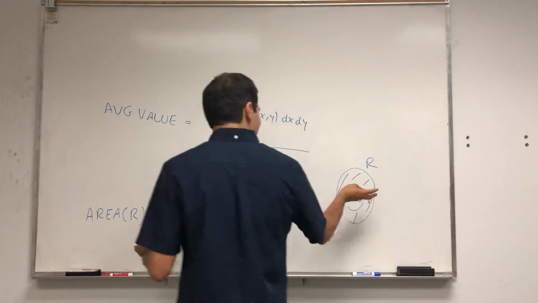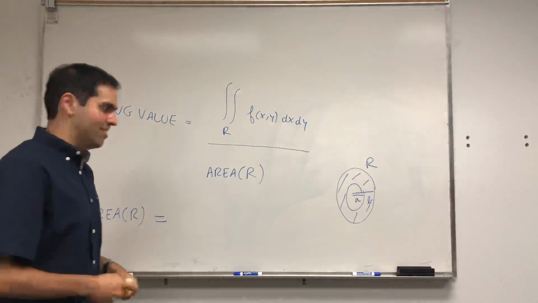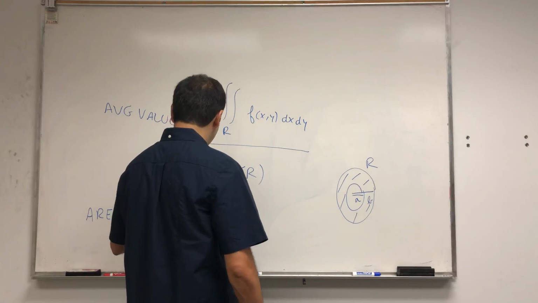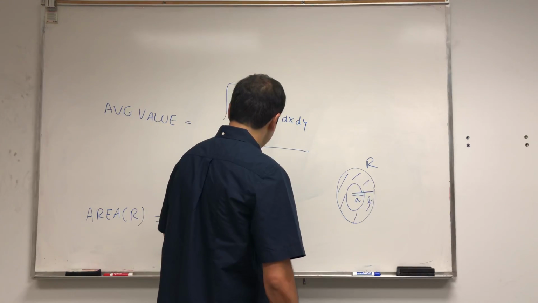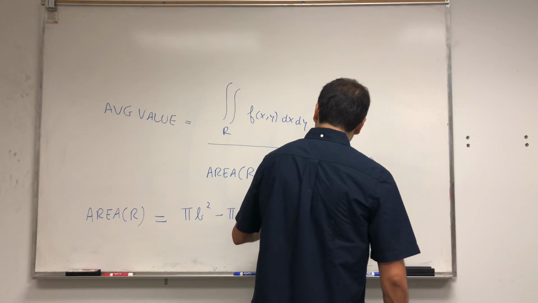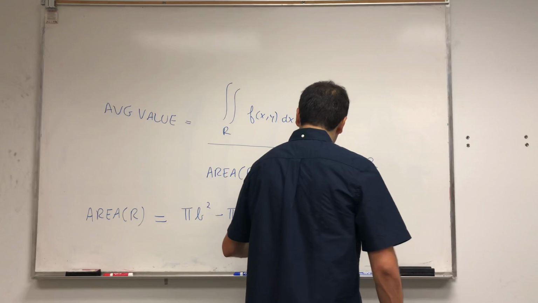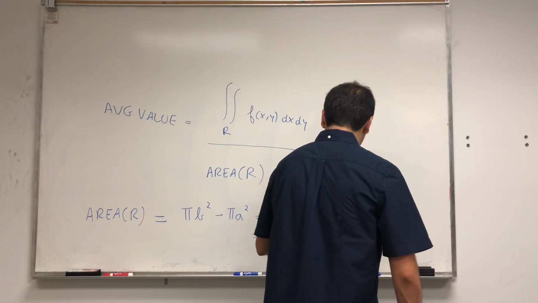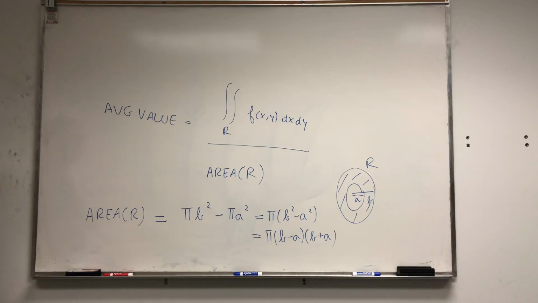Because the ring is the region between two disks, the area is the difference of the areas of the circles, which becomes pi b squared minus pi a squared, which is pi times b squared minus a squared. And just for later purposes, let's factor it as pi times b minus a and b plus a. Okay, that wasn't too bad. So that's the area of the ring.